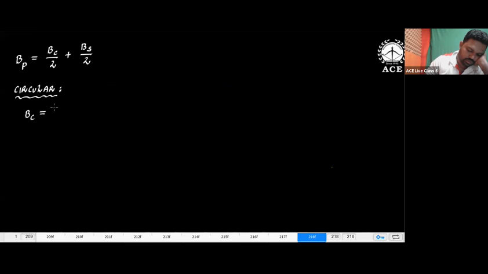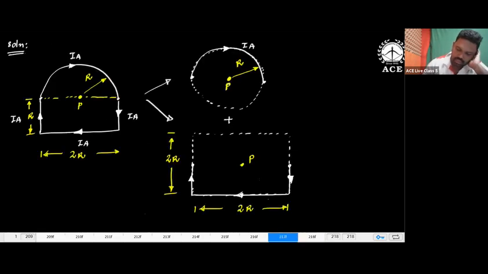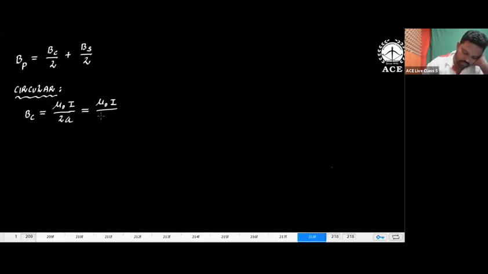BC is equal to mu naught into I by 2A. What is the magnetic field at the center of the circular loop? It is mu naught into I divided by 2A. What is the radius we are having? R is the radius, beta. Yes, so here it is 2 into R.